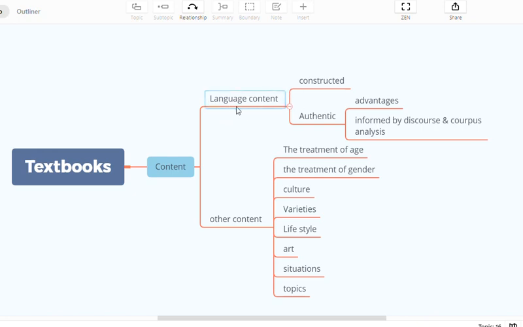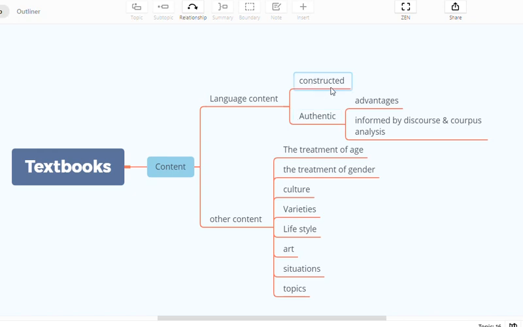And in terms of language content, I mean the features of language, the skills of language, the elements of language which are included in the textbooks and which are aimed to be instructed and learned. The materials are either constructed or authentic. What should happen is that the content should be authentic.